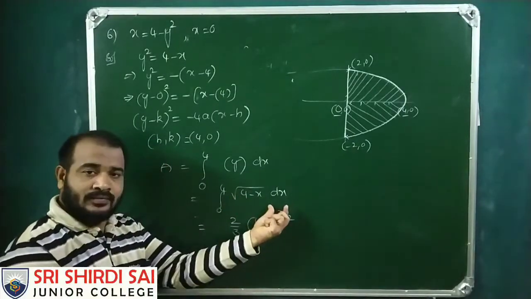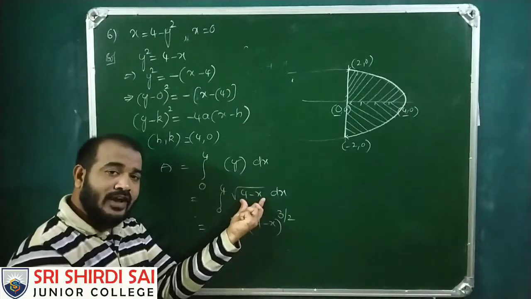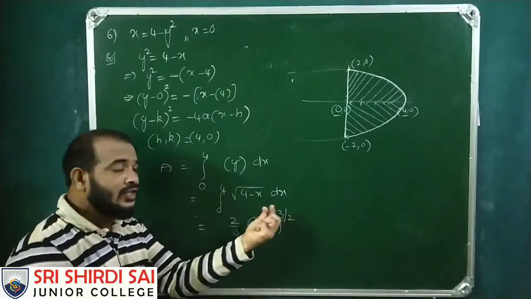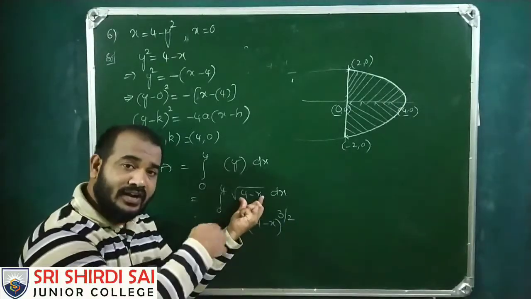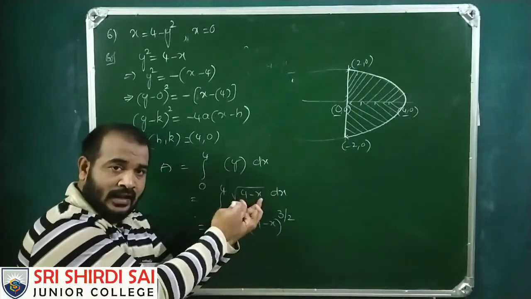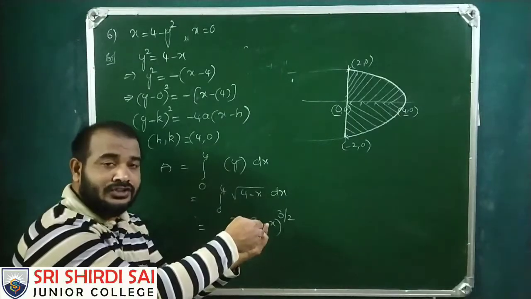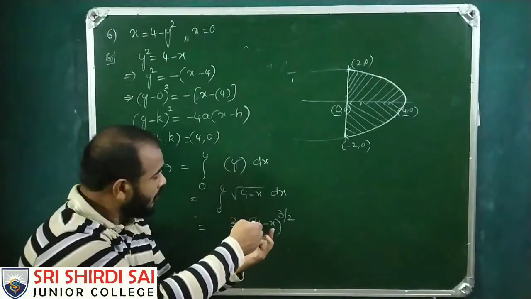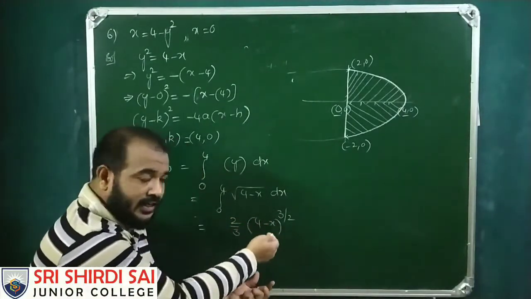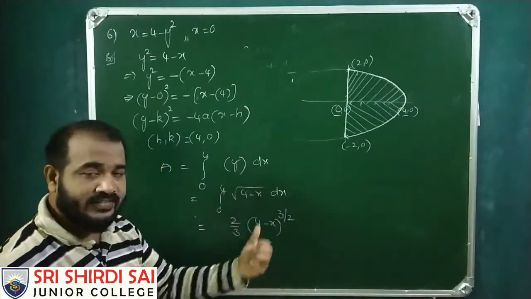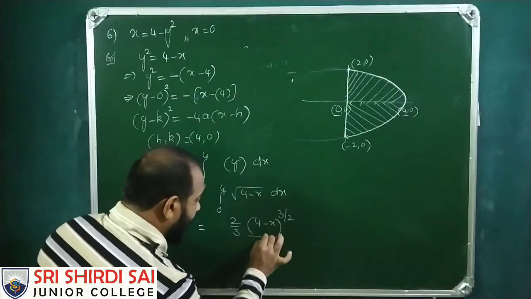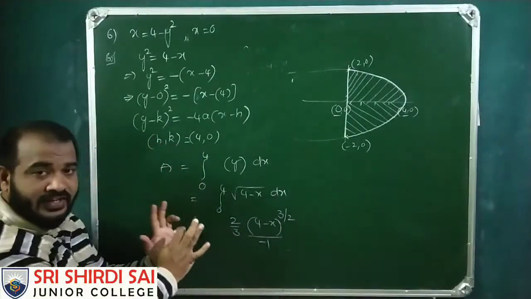Integral root x is 2 by 3 x power 3 by 2, but this is not x. We have treated this to be x, so later we have to differentiate and divide with this. Here d by dx of 4 minus x is minus 1. Now the process of integration is over.